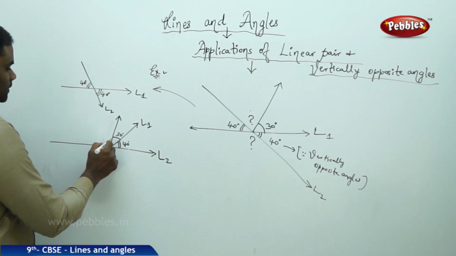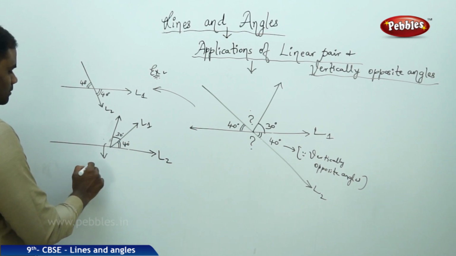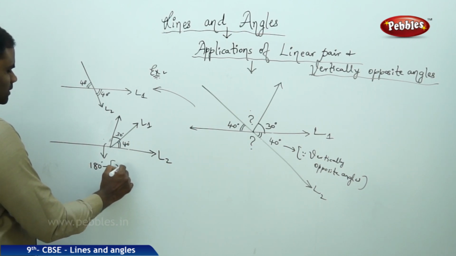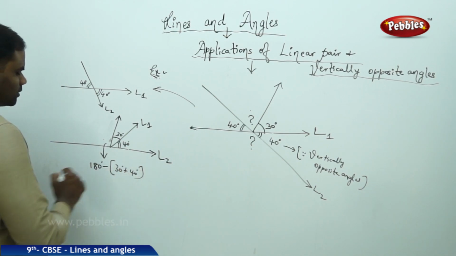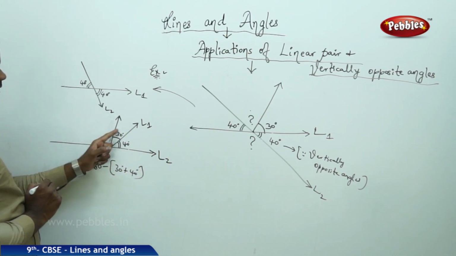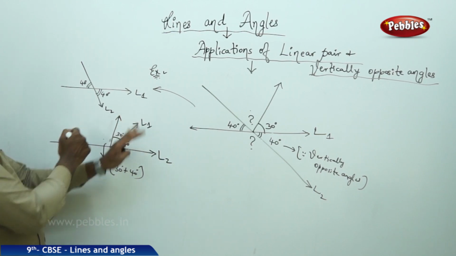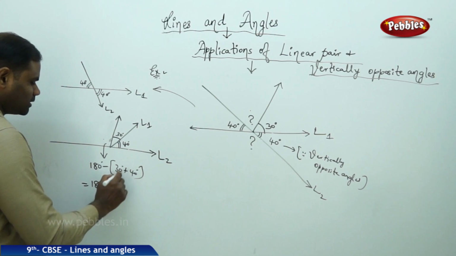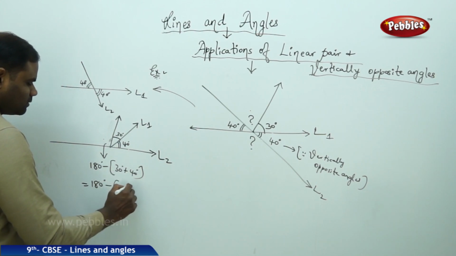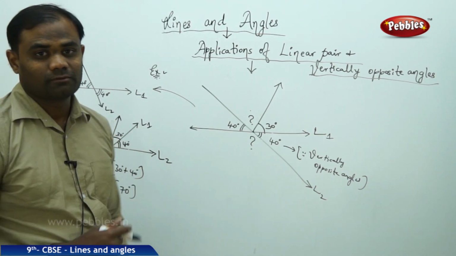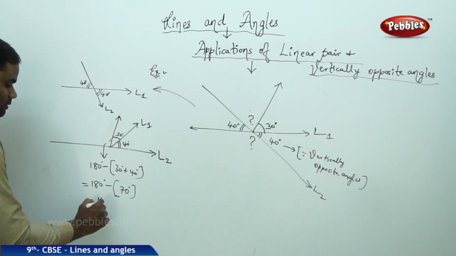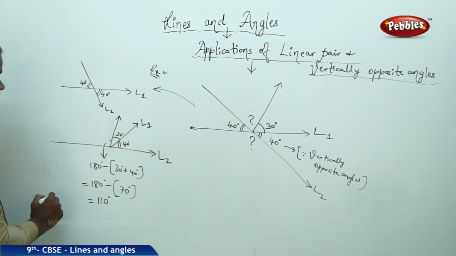Therefore, this angle will be 180 minus (30 plus 40), because the whole of 180 minus this gives me the required angle. On simplification, 30 plus 40 is 70, and 70 when subtracted from 180 is 110.